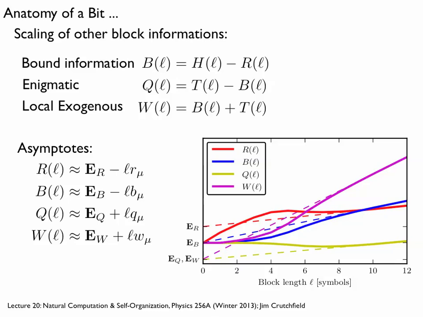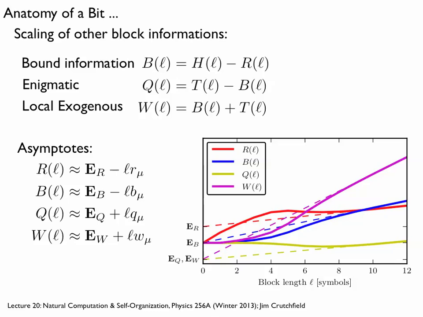This is all the entropy that the individual random variables produce that is not shared with anybody else. This enigmatic information I didn't introduce, but it's just the difference between the block correlation and the block bound information. And then the local exogenous is bound plus total correlation.